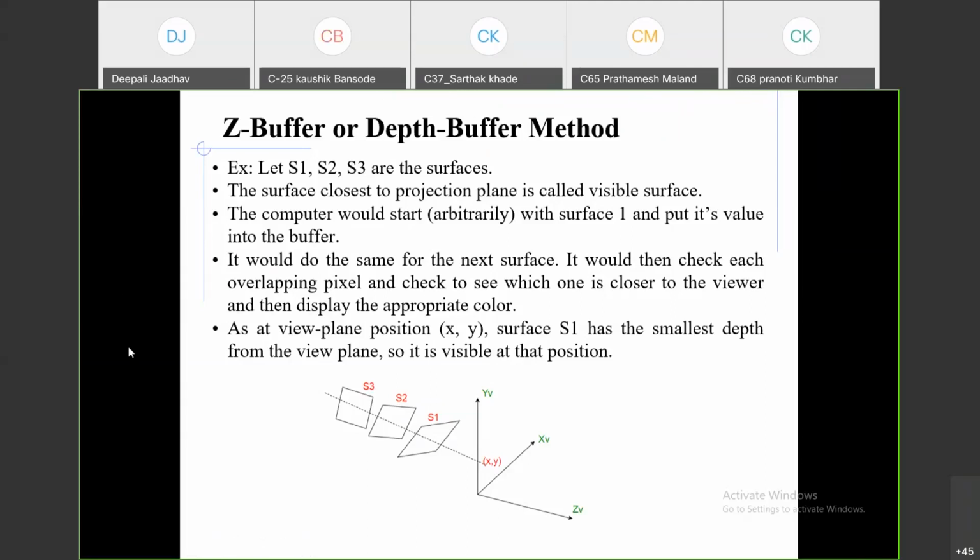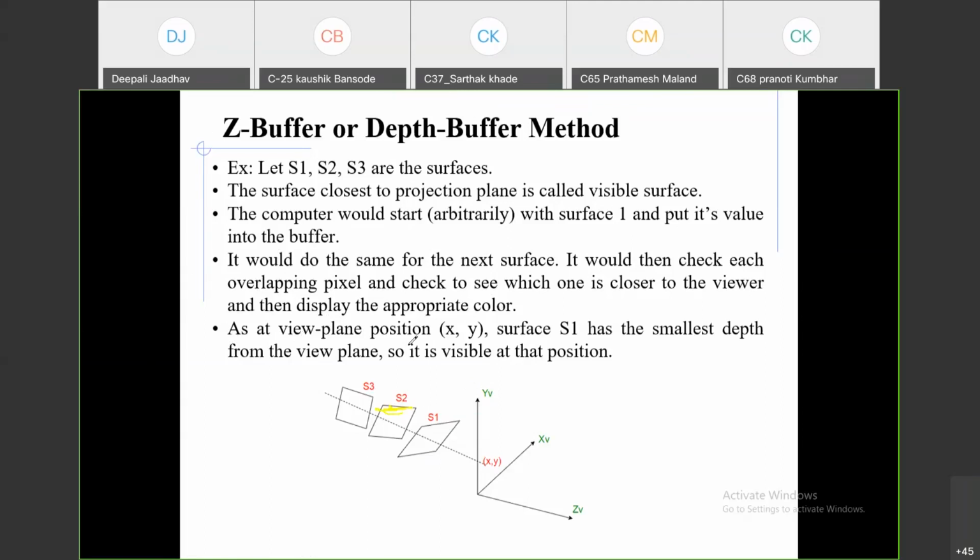It is not possible to show exactly here; in the next example, we'll see. Suppose only this part is visible in S2, then only that is stored in the frame buffer. So it checks each overlapping pixel to see which one is closer to the viewer, and then displays the appropriate color.